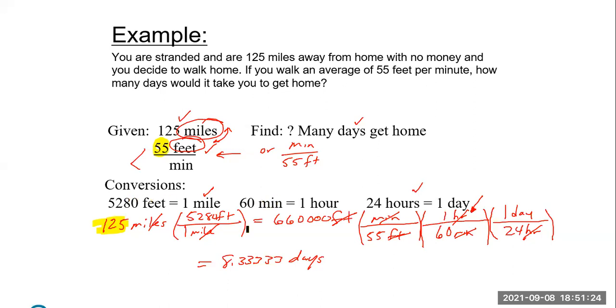That is 2 significant figures, which means this should probably end up at 2 significant figures, like 8.3 days. I say that because I don't know if on the handout I put up on Canvas I did change that to 55.0. Sometimes I did in the past, I can't remember. If it says 55 like that, it's 2. If it says 55.0, then it should be 3 significant figures. But I think it might still say 55 on your handout.